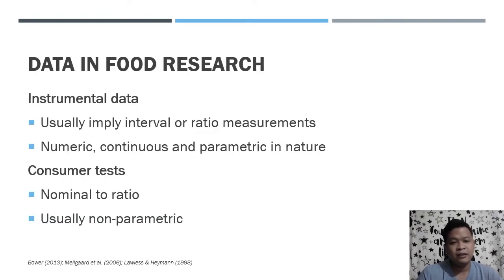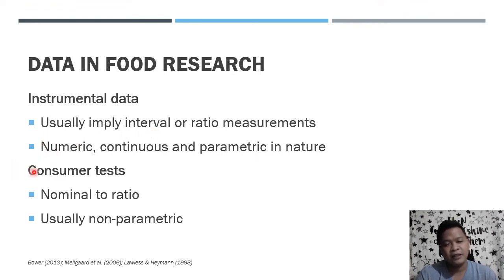Okay, so one thing you have to know is that when using instrumental data, typically these are parametric in nature. So for example, you are correlating the pH or titratable acidity of your juice samples to, let's say, the perceived sourness, then you can use parametric tests to process your data on pH and TA.